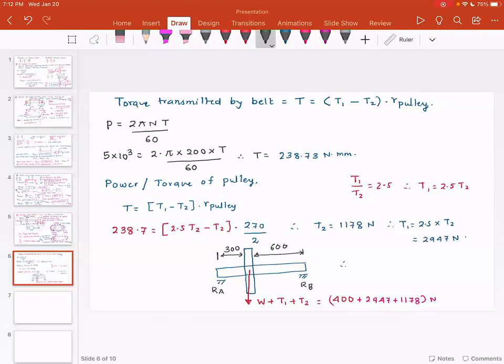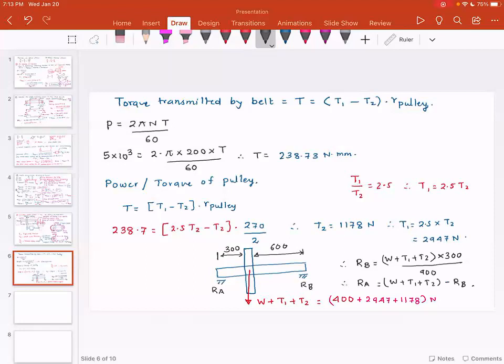For example, RB is equal to (W plus T1 plus T2) multiplied by 300 divided by 900, and RA is equal to W plus T1 plus T2 minus RB.